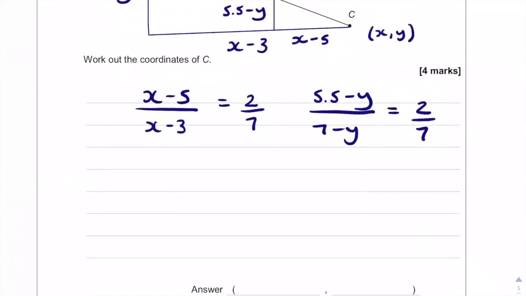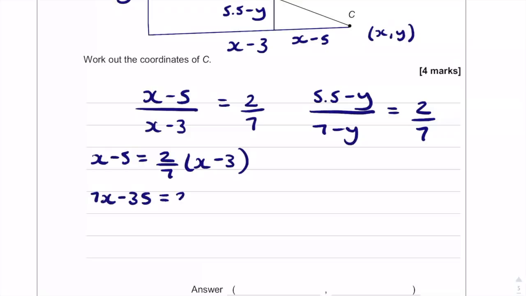So if I multiply both sides by x minus 3, I'm going to get x minus 5 equals 2/7 of x minus 3. I can then multiply both sides by 7. I'm going to get 7x minus 35 is equal to 2 all multiplied by x minus 3. Then expand brackets on the right hand side.